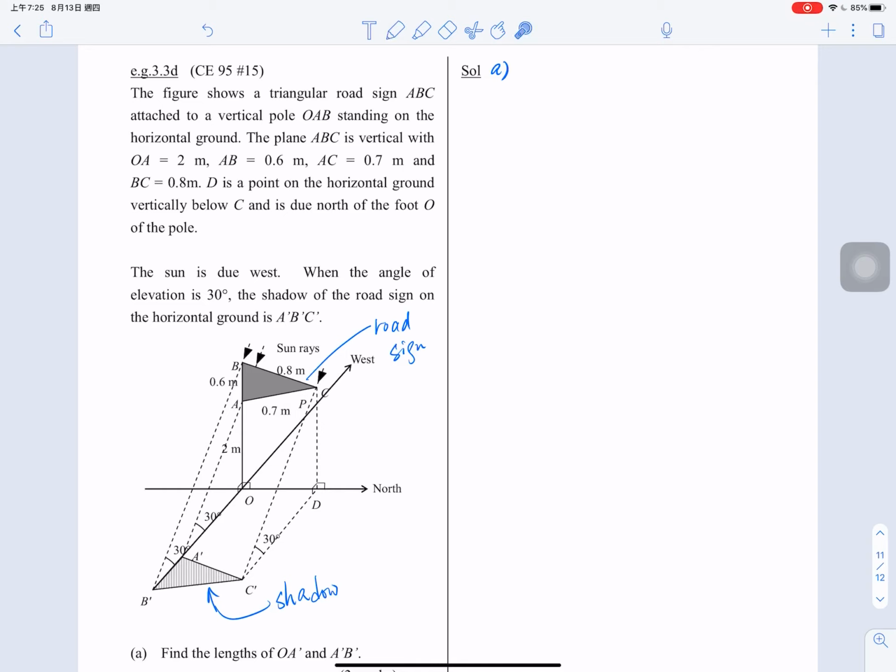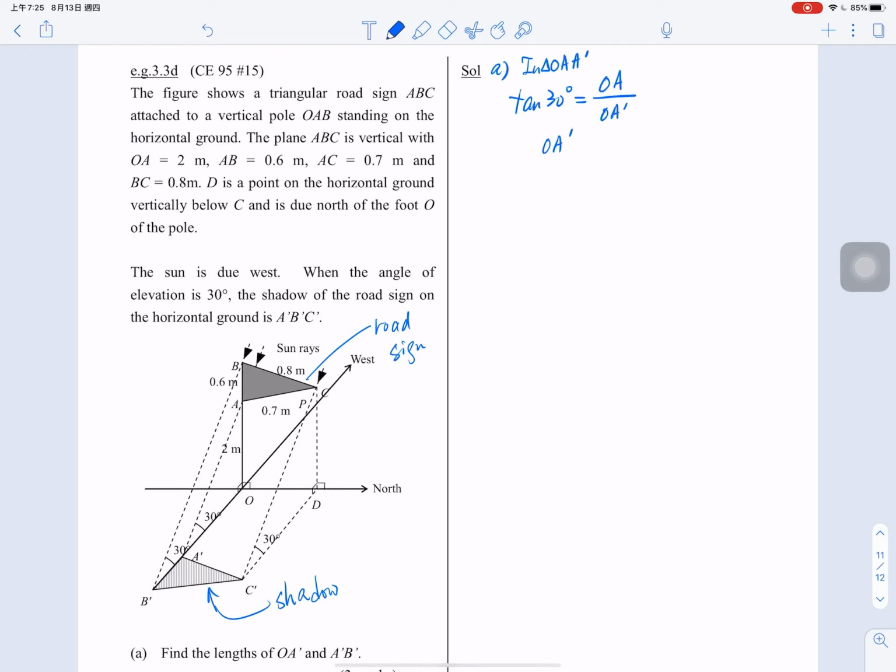If we want to find OA', which triangle can you use? This one is simple because you can see a right angle triangle. So in triangle OAA', tangent 30 degrees equals OA, the opposite side, over OA', the adjacent side.